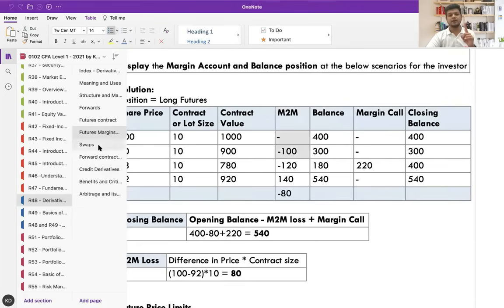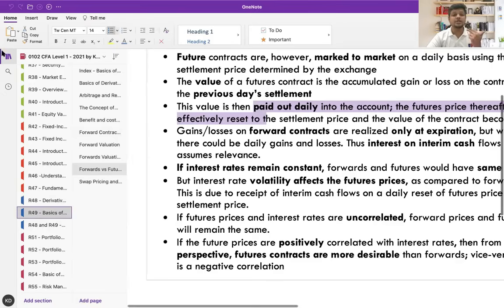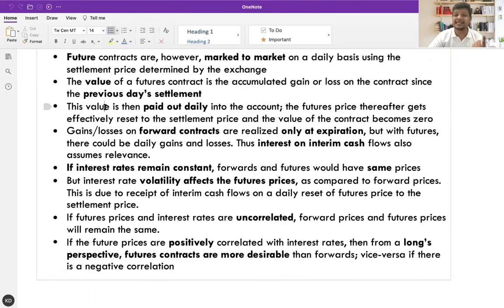Clear? So all the gains and losses are adjusted on a daily basis, and after that adjustment, the value again becomes zero. That's only because the future contracts are settled daily. However, gains and losses on forward contracts are realized only at expiration.